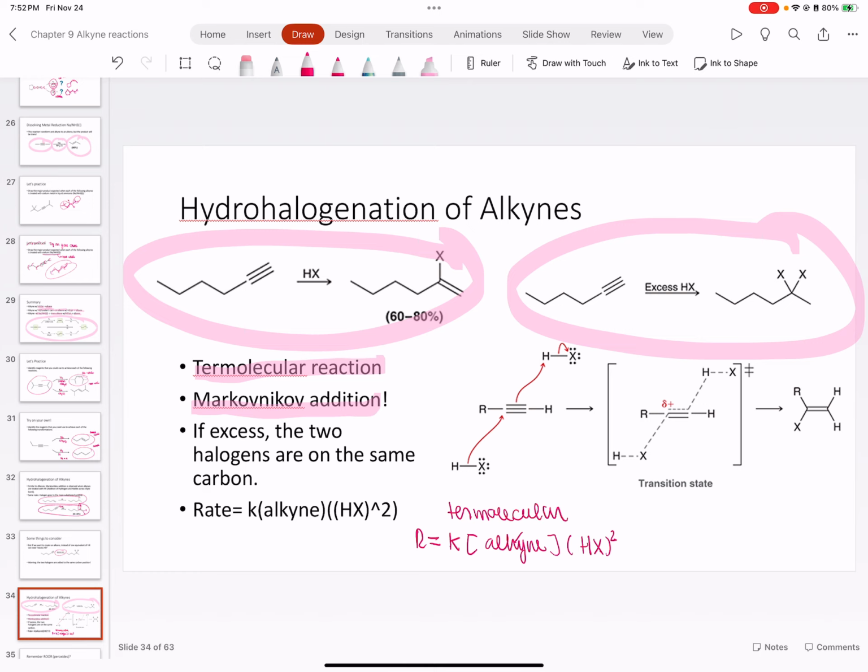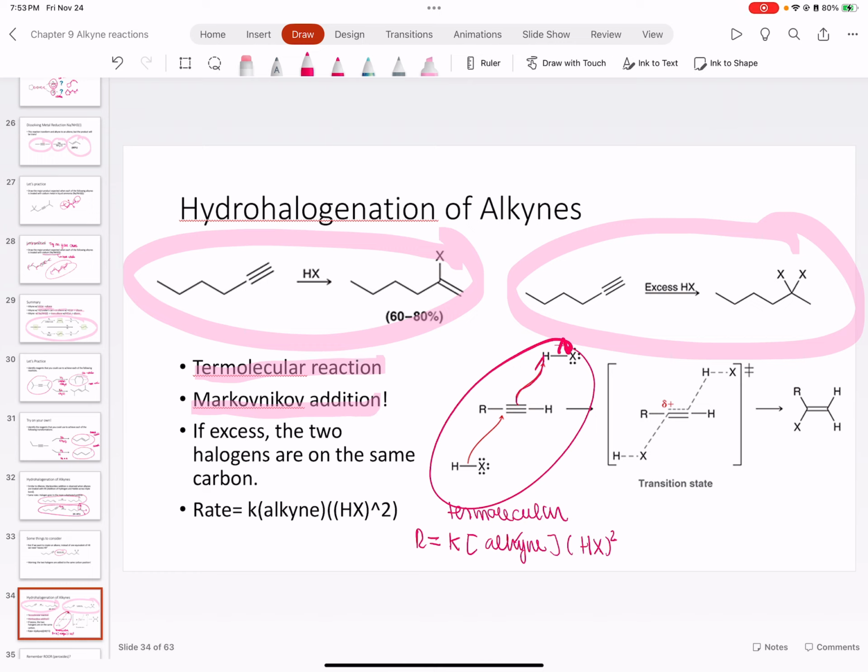And I believe it's termolecular just because, remember that SN2s were bimolecular, because we have two things happening at once, and here we have three things happening at once. If you look at this, we have a leaving group in here.